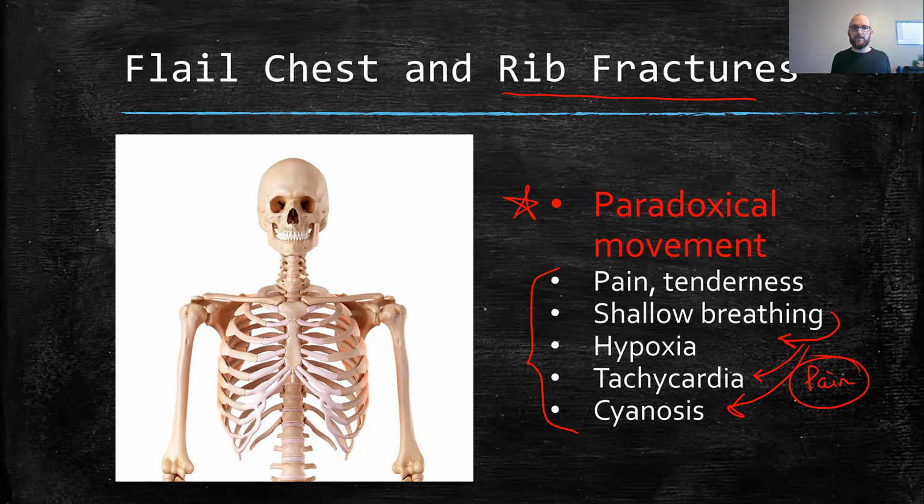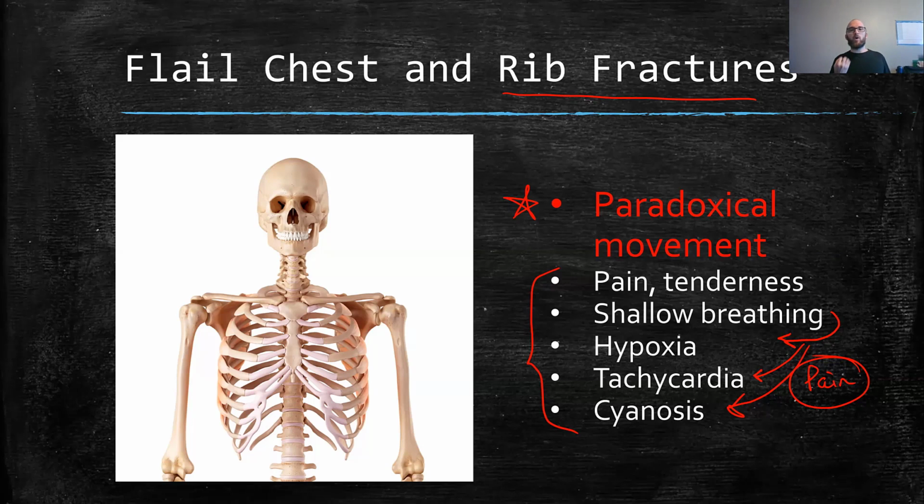All right, so what is that paradoxical movement? Or really, how does it actually manifest? You have to go back to thinking about the ventilatory process, the mechanical process of breathing, right? When we take that breath in, our rib cage expands out, because when we're breathing in, it creates that negative vacuum that pulls the air in.